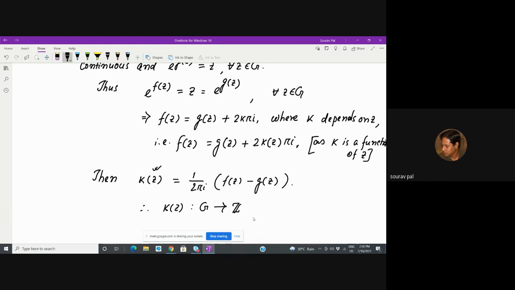So this is continuous as f and g are continuous.